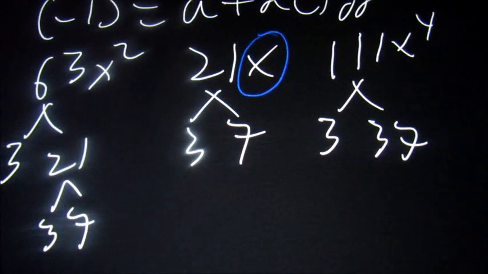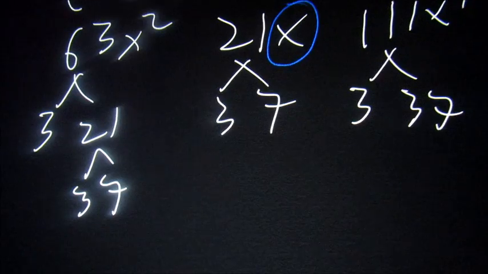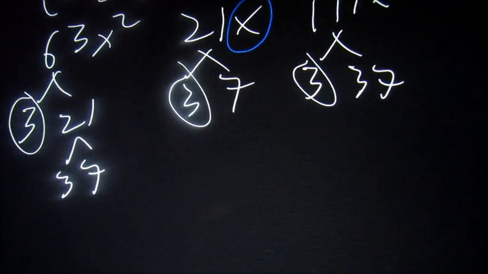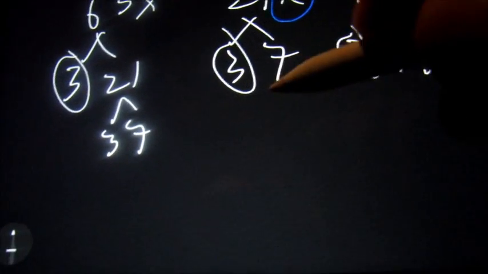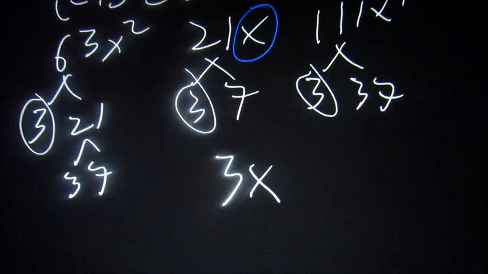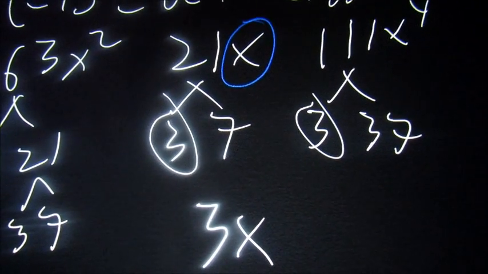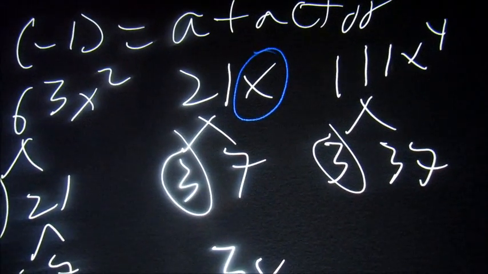And 37 is also a prime number. So the only number that we have in common of all these is 3. So our greatest common factor here is going to be 3x. We can divide all of these by 3x and get an answer.